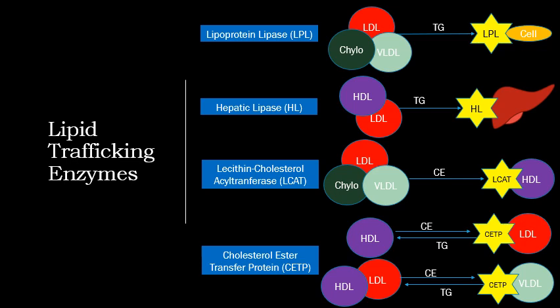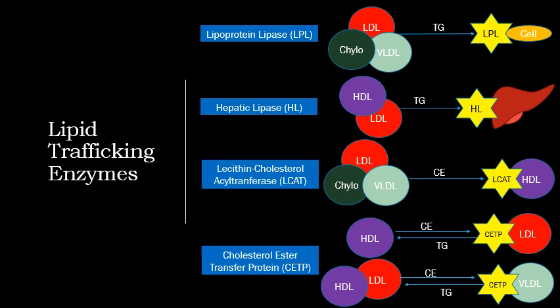We like this enzyme. Next we have hepatic lipase. This enzyme is only present on a liver cell and does a similar thing as LPL, lipoprotein lipase. It hydrolyzes the triglyceride from the LDL and the HDL particles at the liver.